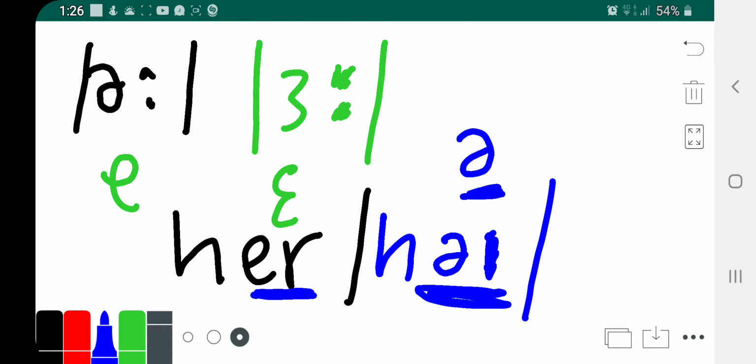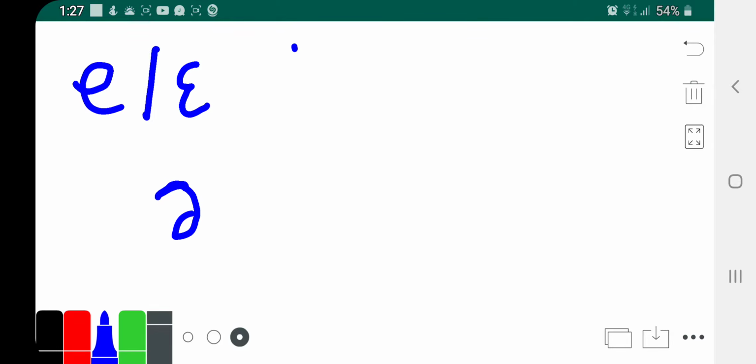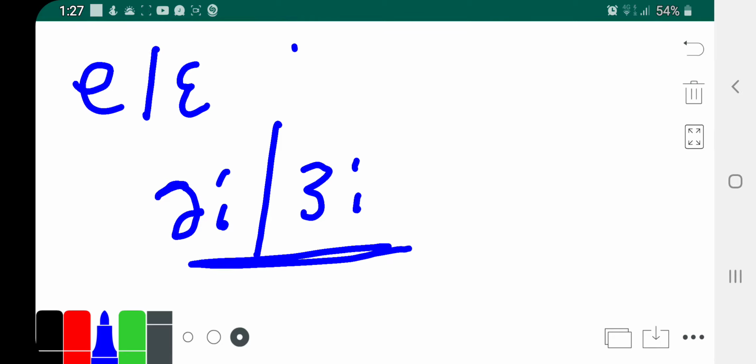Okay. Let me just screen the board and make clarification here. Don't get confused. This letter or this is as in egg. And this letter or this symbol, the 3 with the same thing, this is air as in fair or fan or hair or nurse.